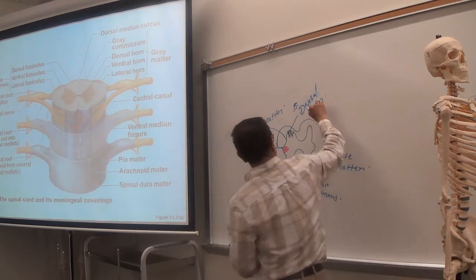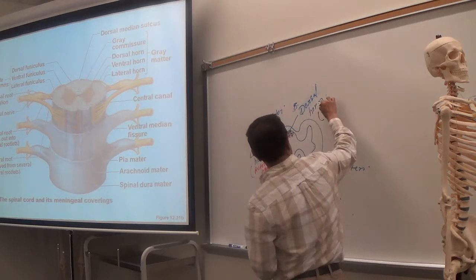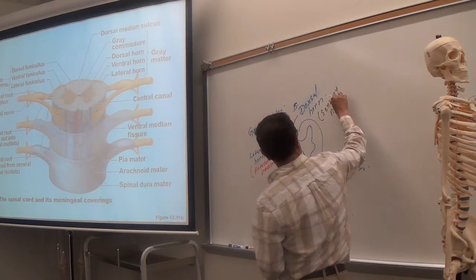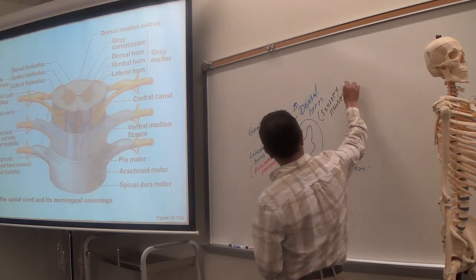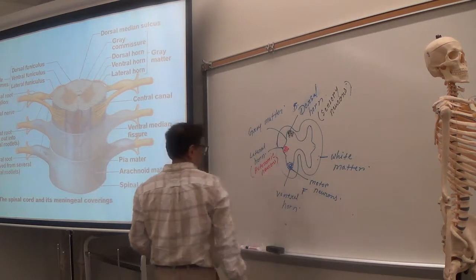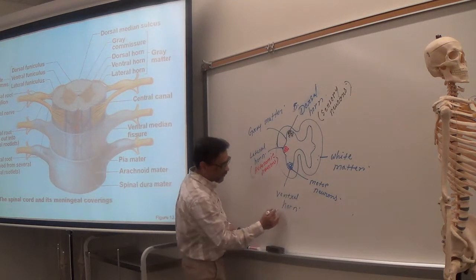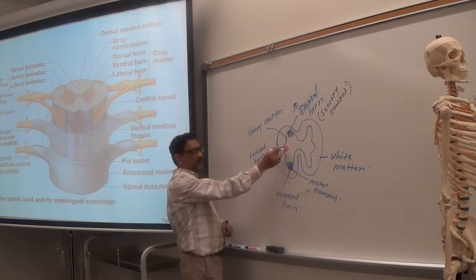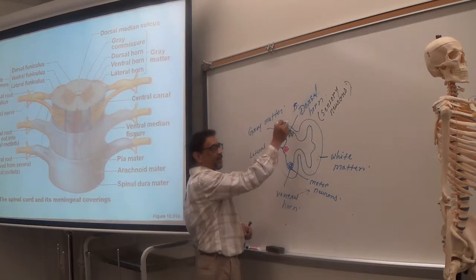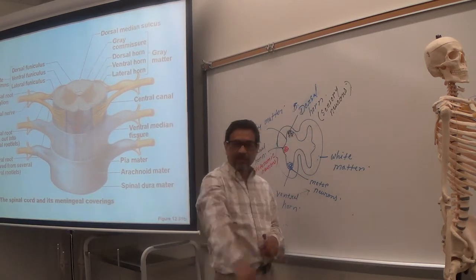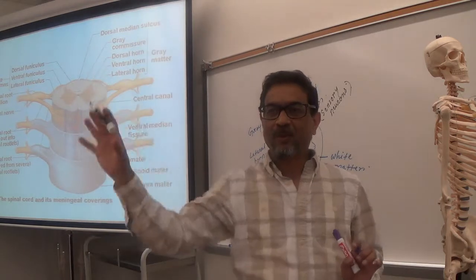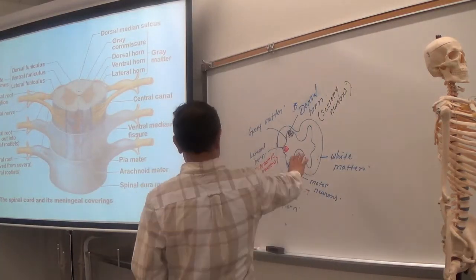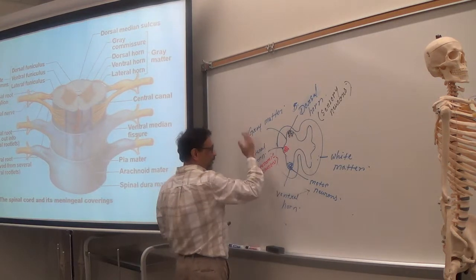So the ventral horn has motor neurons, the lateral horn has autonomic neurons, and the dorsal horn has sensory neurons. Make sense? Three types of neurons. Same thing on this side. Okay, I am showing one side.